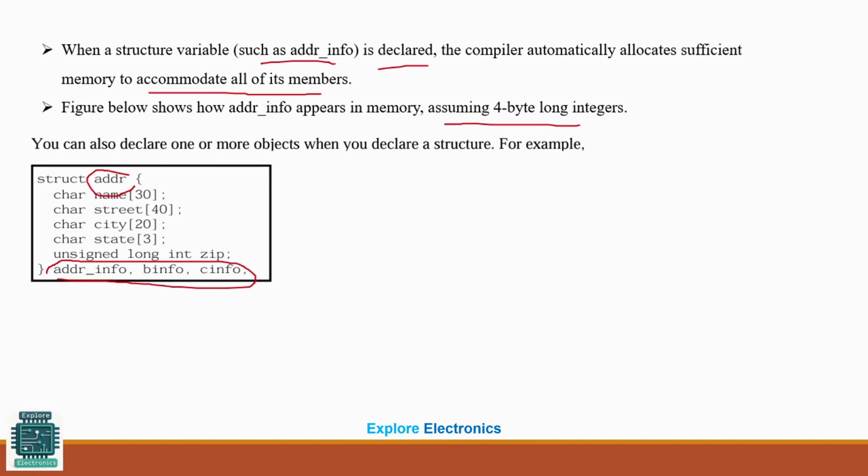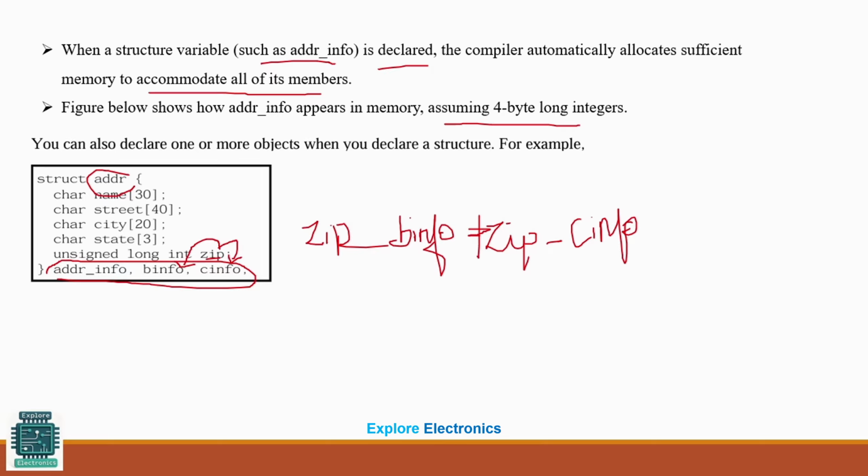These are all variables, and it is important to understand that each structure variable contains its own copies of the structure members. For example, the zip field. See, the zip field of binfo is separate and distinct from the zip field of synfo, and changes to zip in binfo do not affect synfo. For example, if we say zip of binfo and zip of synfo, both are not equal. That means each structure variable contains its own copies of structure members.